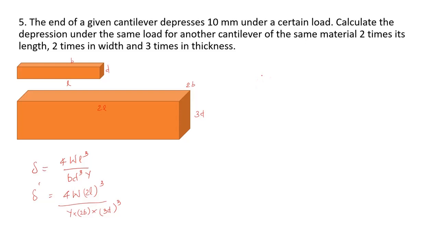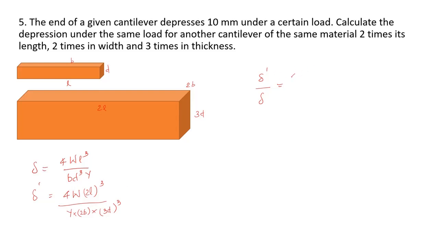So let's do the ratio delta dash divided by delta. In the case of delta dash, we have 2 cube, which is 8, and 8 into 4, and the 3 cube will become 27. So let's write the equation.